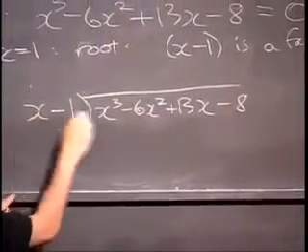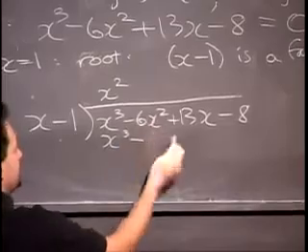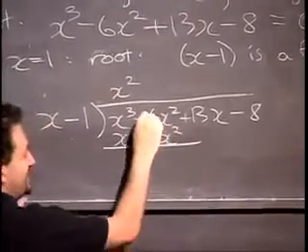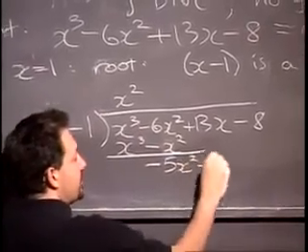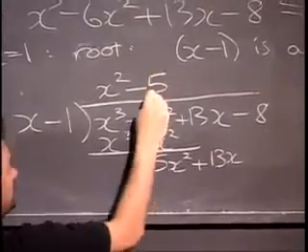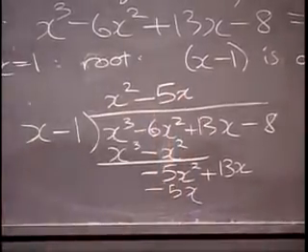division. x into x cubed is x squared. So you get x cubed minus x squared when you multiply through. And you're left with this minus this, which is negative 5x squared. Carry the 13x, and you'll get a minus 5x rather.